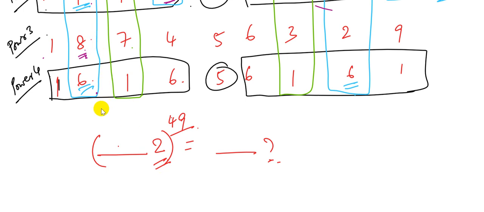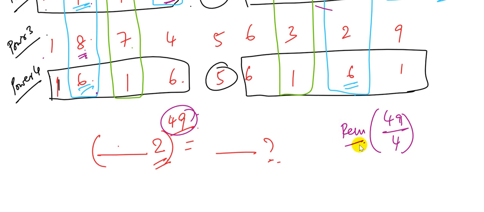From the cyclicity table we can see that the cyclicity of 2 is 4, so it repeats after every 4th power. So, this power 49 has to be divided by 4, and we have to take the remainder, which is 1.